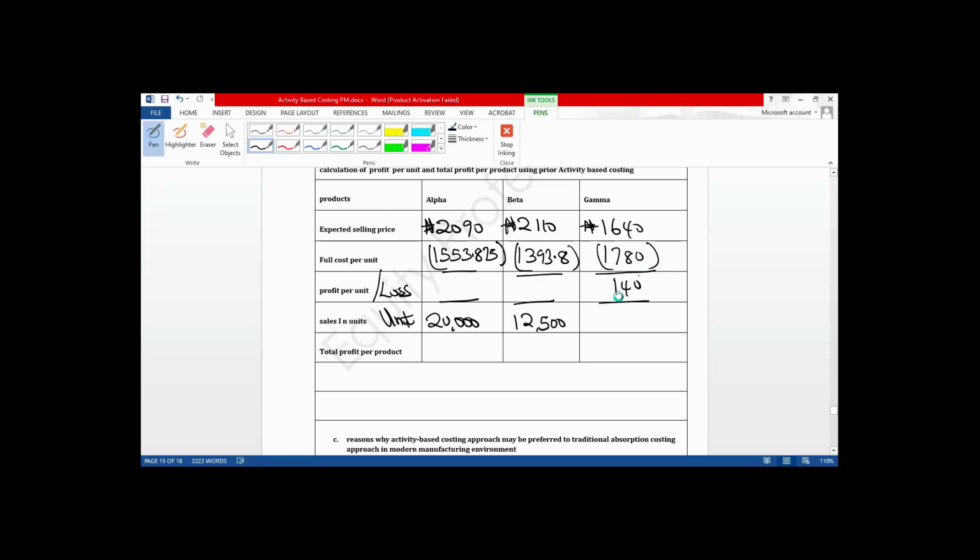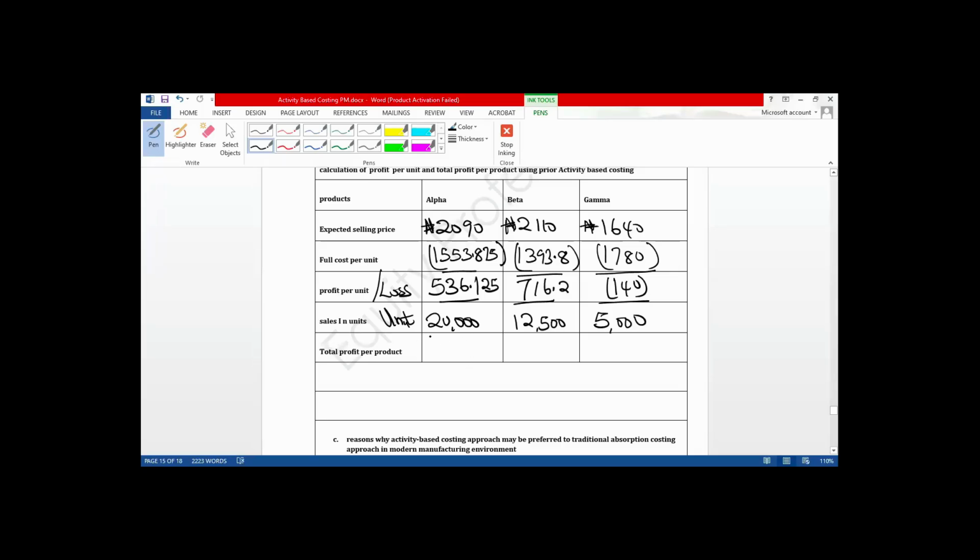The first one is 536.125, then 716.2. You have gotten profit or loss per unit.